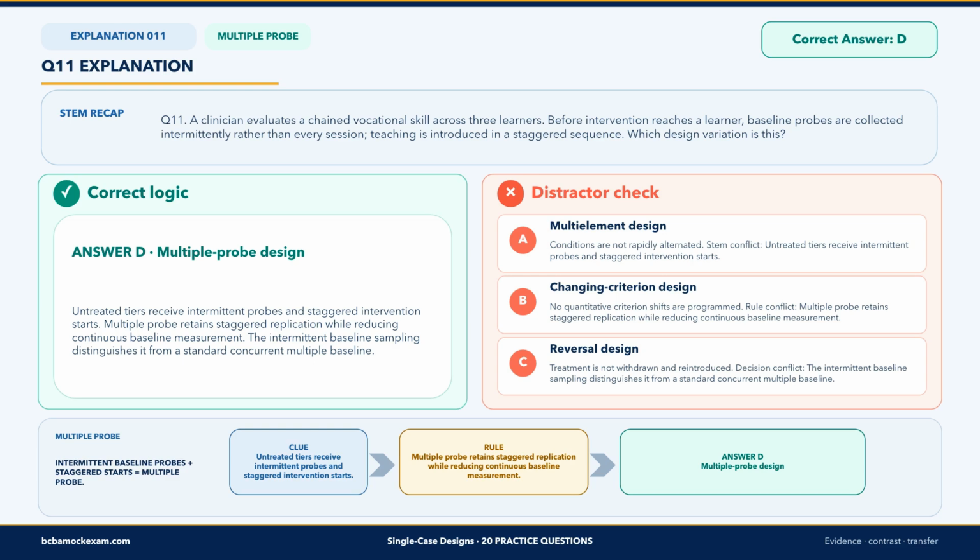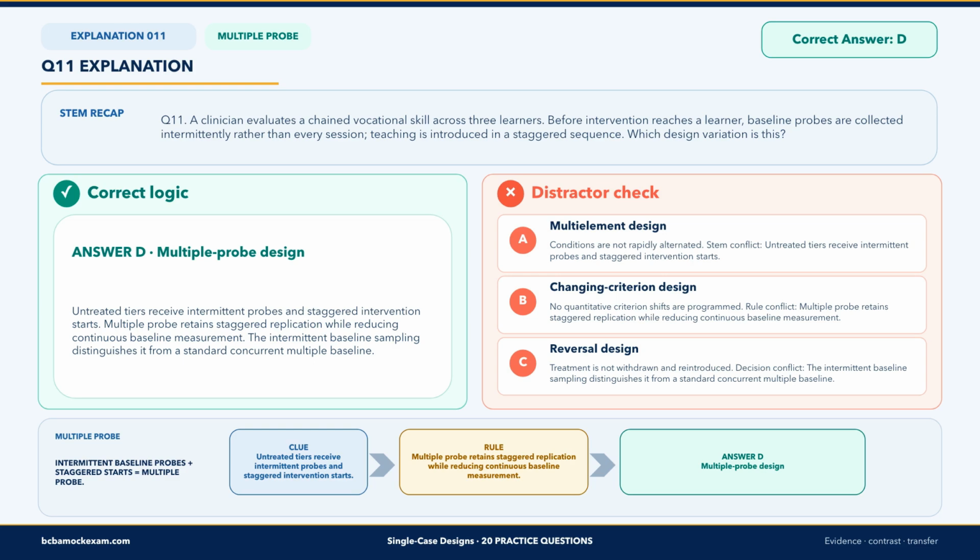D. Multiple probe design is the best answer. Multiple probe retains staggered replication while reducing continuous baseline measurement. Here, the confirming detail is that untreated tiers receive intermittent probes and staggered intervention starts. The intermittent baseline sampling distinguishes it from a standard concurrent multiple baseline. Put the first choice next to the deciding fact.